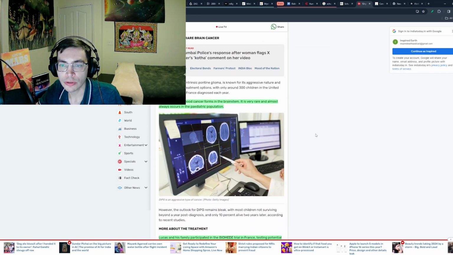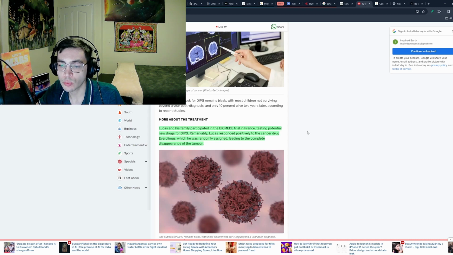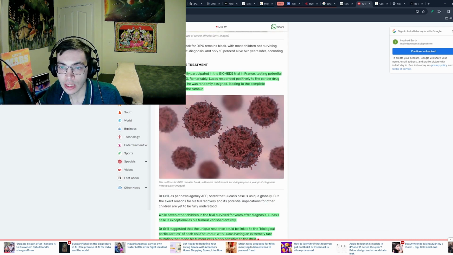This type of childhood cancer forms in the brainstem. It is very rare and almost always occurs in the pediatric population. Brainstem cancer has got to be the worst, especially child brainstem cancer. You can't really get much worse than that. And he lived, and is completely rid of the cancer.